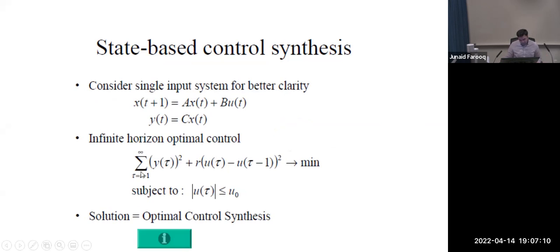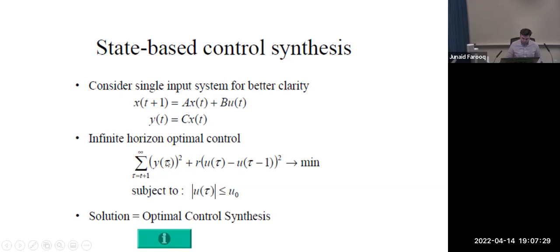Here the cost function is the infinite sum from time t+1 to infinity of y(tau) squared plus R times (u(tau) minus u(tau-1)) squared.